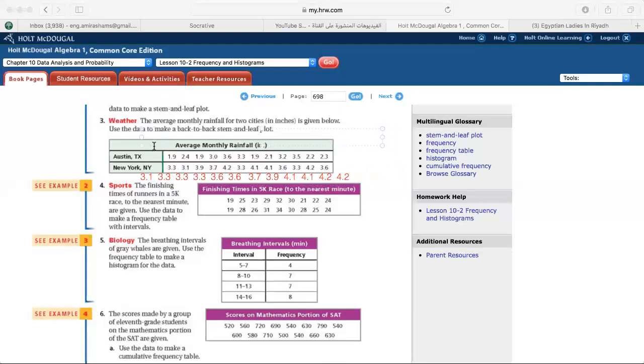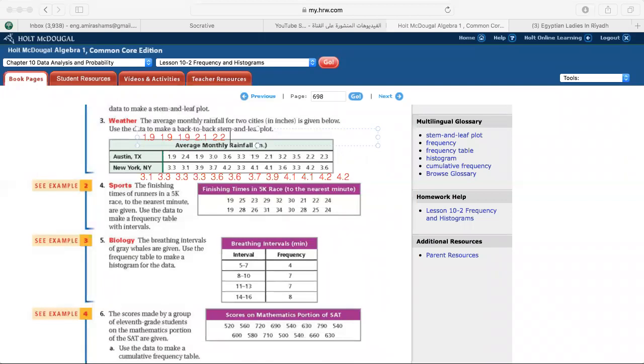Okay, Austin here, I'm going to write it. What is the least number that I have? I have 1.9. I have 1.9 again. I have 1.9 again. I have 1, 2, 3. I have 2.1. I have 2.2.